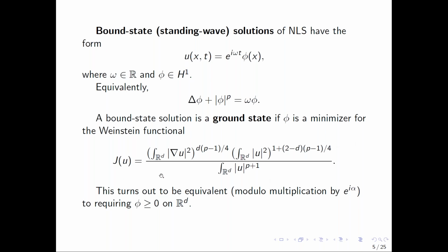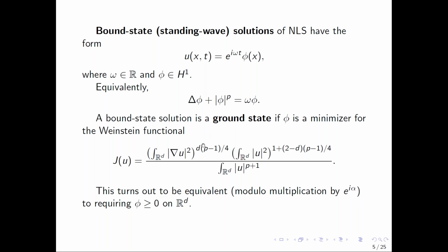It looks kind of complicated at first if you haven't seen it before, but really it's just the functional that you would try to minimize if you were trying to find the best constant in the Gagliardo-Nirenberg inequality. I'm talking about the inequality that bounds the L^(p+1) norm of a function by some power of the L2 norm of the derivative of u and the L2 norm of u.